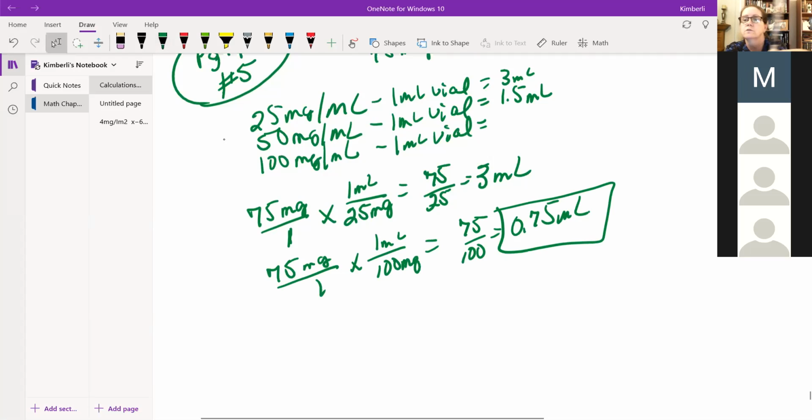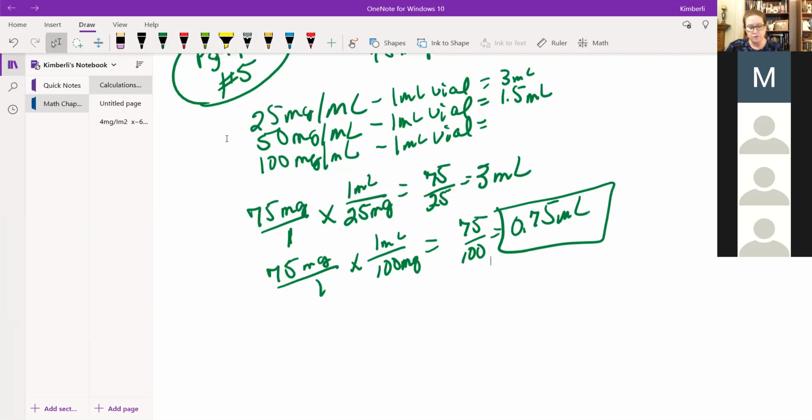This is an oral syringe, but you get the idea. So 0.75 is between 0.7 and 0.8. This amount would be fairly easy to inject. It still might hurt a little bit, but because it's not Dilaudid, it's Demerol, you won't feel the pain for a minute, usually a few seconds.